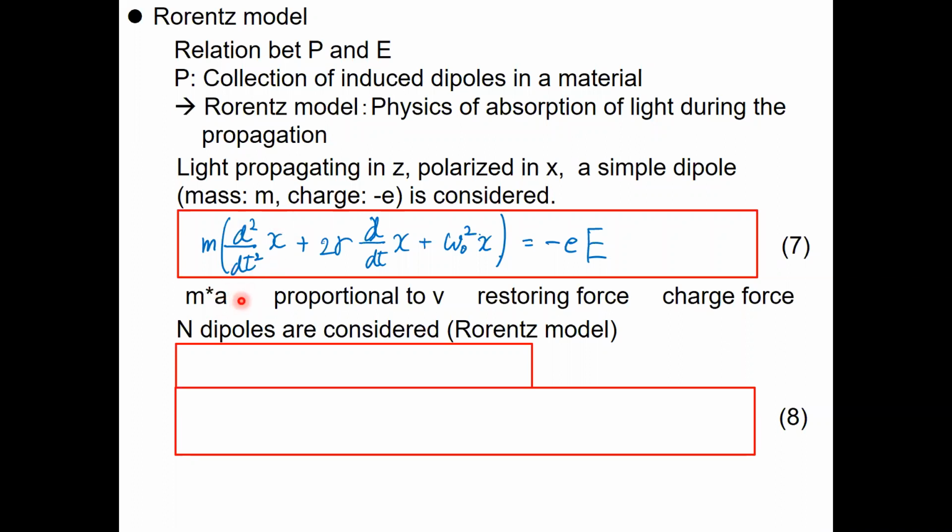So m a, in the case of the mass on a spring. The second term is proportional to the velocity, which is sort of the energy loss term. And this one is originally coming from the restoring force, so minus kx in the case of mass on a spring. And then if you have some charge, some extra force is applied in this equation. That's the force on the charge.